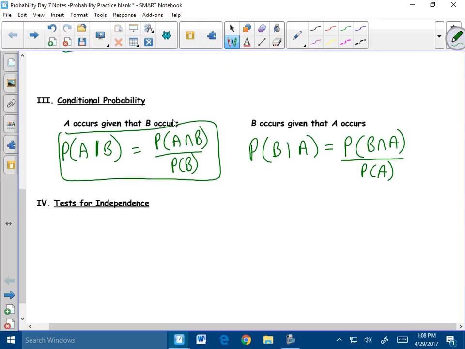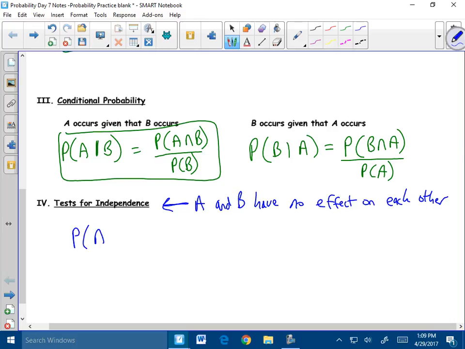And then lastly, we have our test for independence. Independent events means that A and B have no effect on each other. Completely separate events that do not affect each other at all. So the easiest way to test for independence is to check this conditional probability.